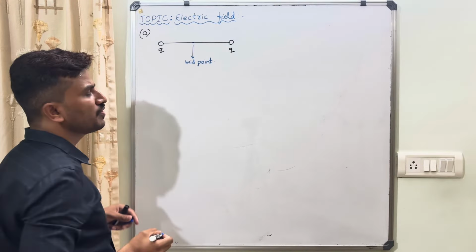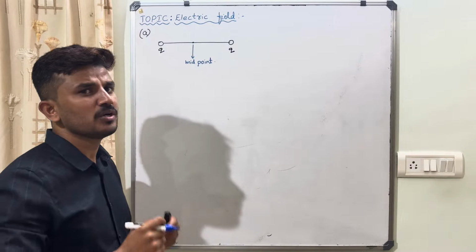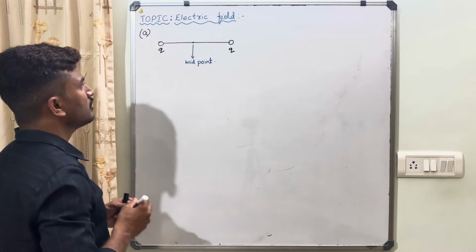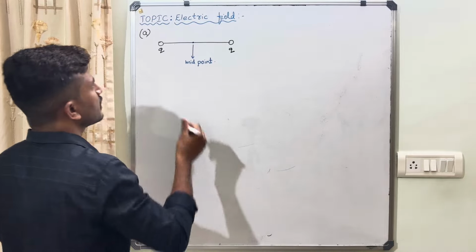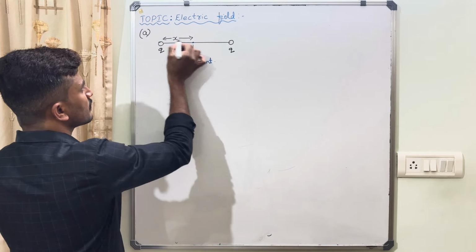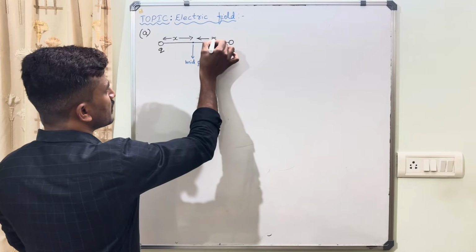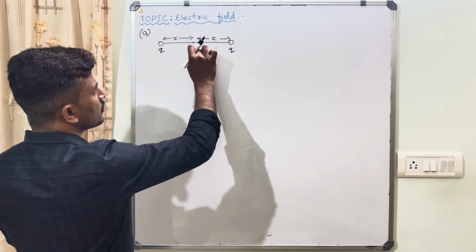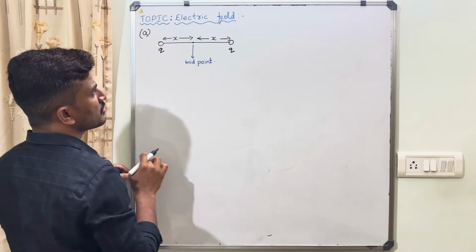What is the electric field at the midpoint of two similar charges along the line joining the two charges? If I consider this distance is x, this distance will also be x. Same charge, so same distance of separation.